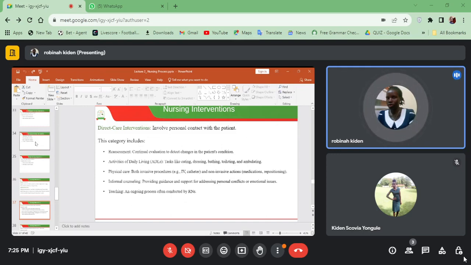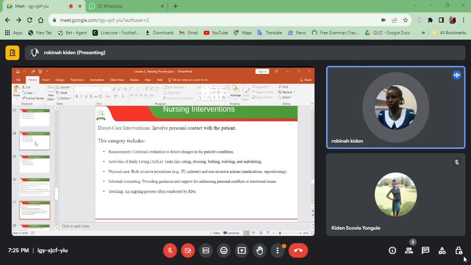Then physical care, both invasive procedures like IV or catheter and non-invasive procedures like medications, repositioning, all fall under physical care. Then informal counseling, providing guidance and support for addressing personal conflicts or emotional issues. Then teaching, an ongoing process that often is conducted by the registered nurses. That is almost a part of the nurses because they do it now and again.